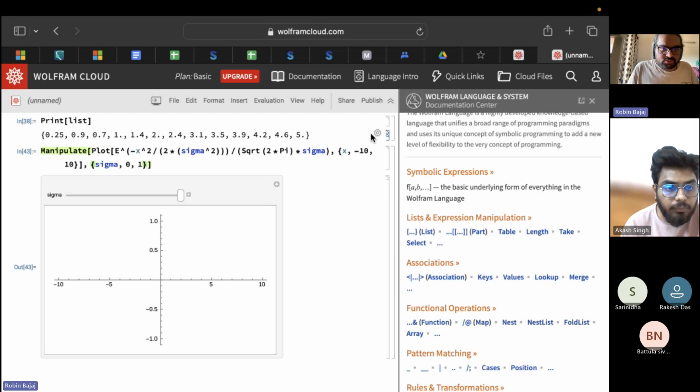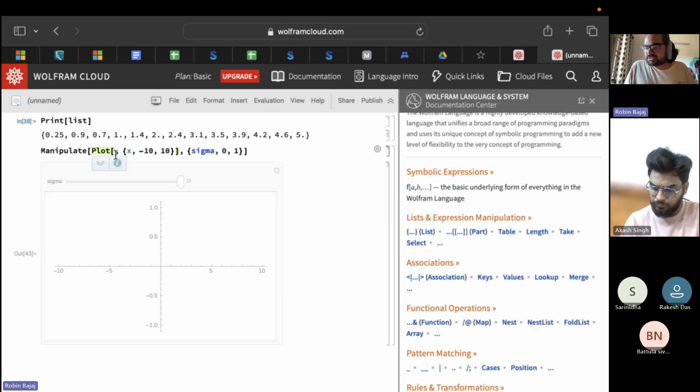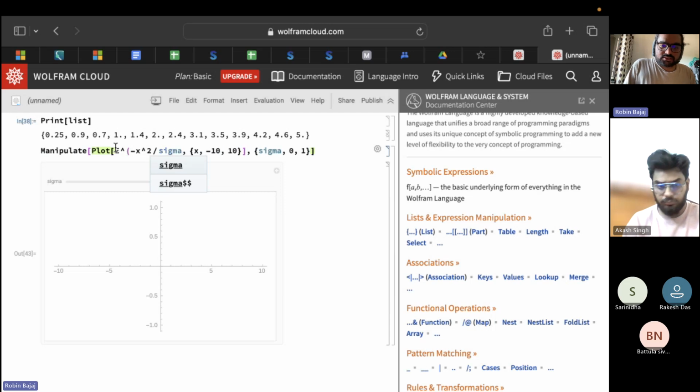Minus x square. How could it be? Let me try. Let's go with the Lorentzian first, then we maybe see. Let me go with the simple Gaussian: e to the minus x square by sigma square.